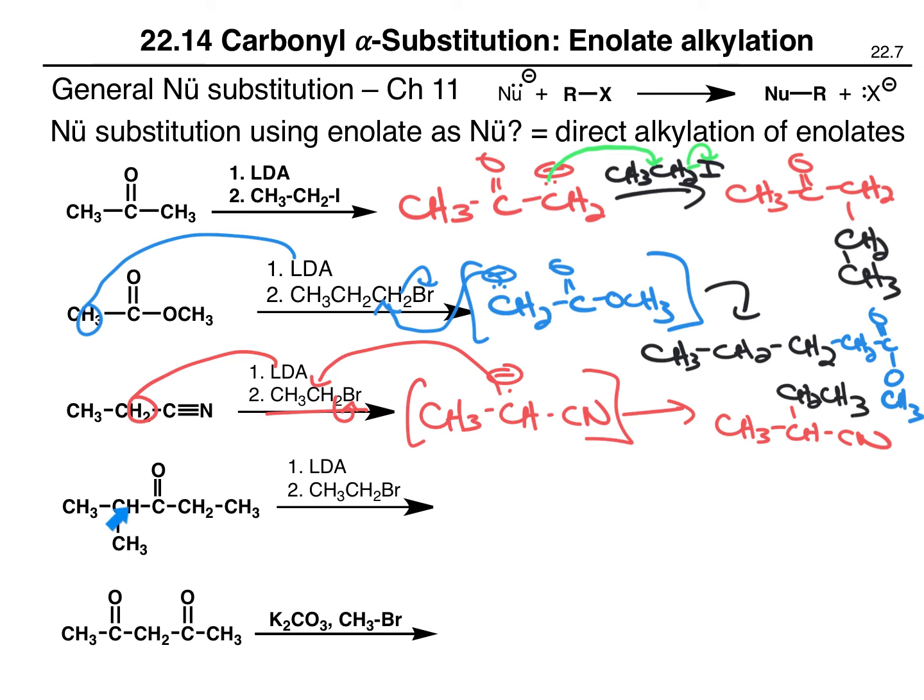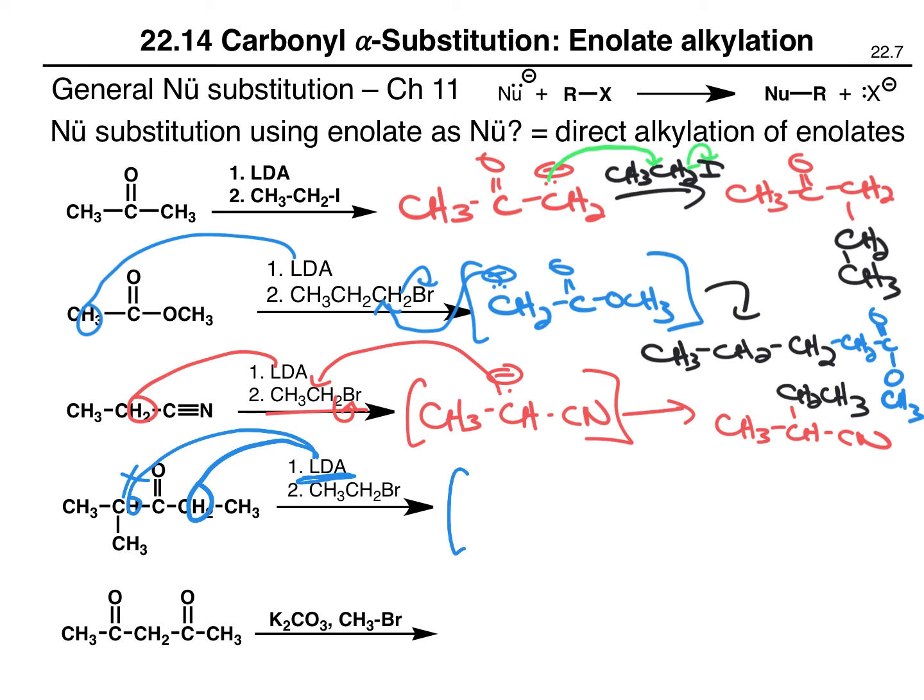In our next example, we have a ketone, but unlike what we had up here, in this case, this ketone is unsymmetric. So we do run the risk of forming an enolate at this position and forming an enolate at this position. When we're using LDA, because this is so bulky, it will be a little bit hard for it to grab off this proton where it's more crowded. So instead, it will primarily pull off one of these protons.